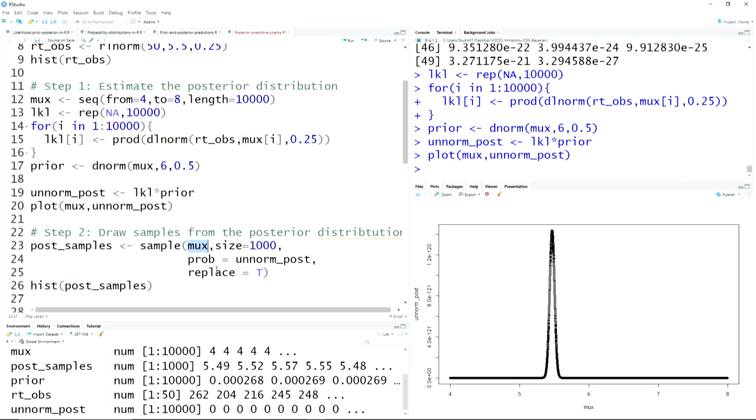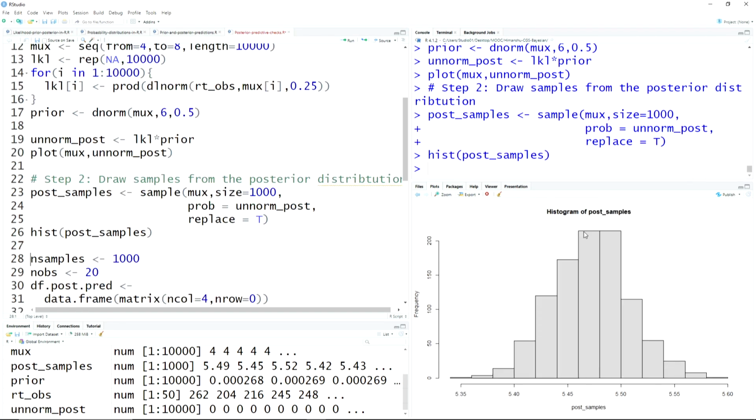We are drawing samples from mu weighted by its unnormalized posterior density, with replace equal to true. This ends up giving us 1,000 samples from the posterior distribution of mu, and this is how their histogram looks.